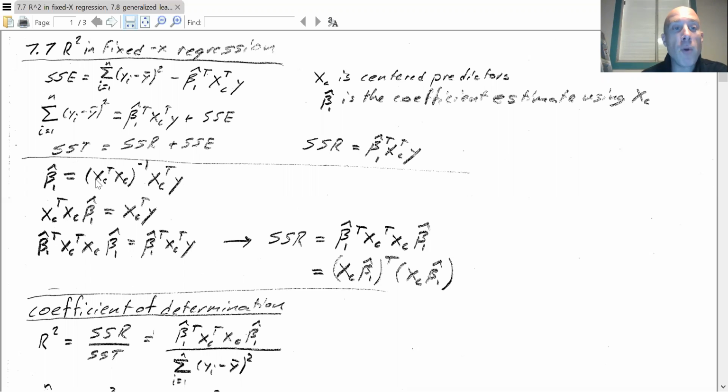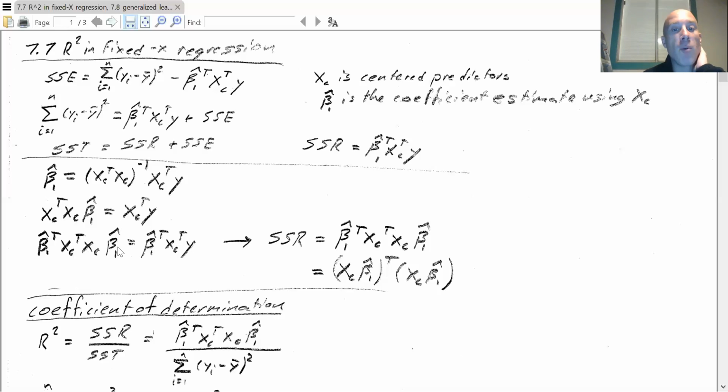I can multiply both sides by x transpose c, x sub c, and then I get this equation. If I multiply both sides by beta 1 hat transpose, then I can see that I've got this term up here, my sum of squares regression. So sum of squares regression is this, and by doing a little bit of multiplication with this estimate equation, I get that on the right.